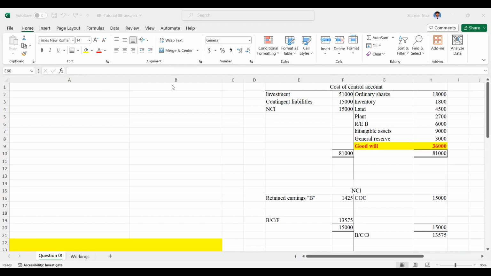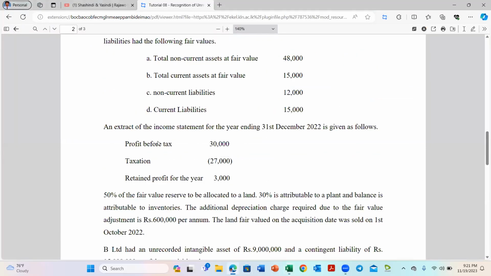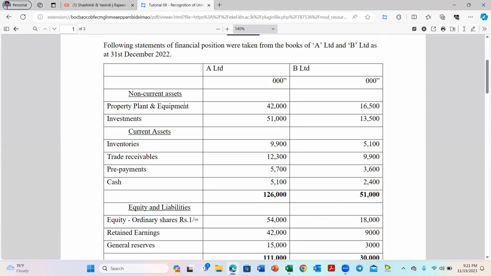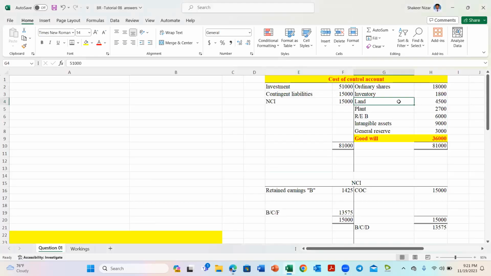For the cost of control account, I'm going to discuss this. The investment is mentioned as 51,000. The investment in the statement of financial position is 51,000. A is the parent in this case and B is the subsidiary, right? The 51,000 investment should be recognized. What is the NCI double entry?